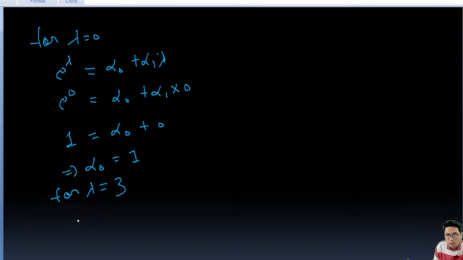Now we'll put the value. It is e to the power 3, because the value of lambda is 3, equal to alpha 0 plus alpha 1 into 3. The value of alpha naught is already 1, so e to the power 3 equals 1 plus 3 alpha 1.